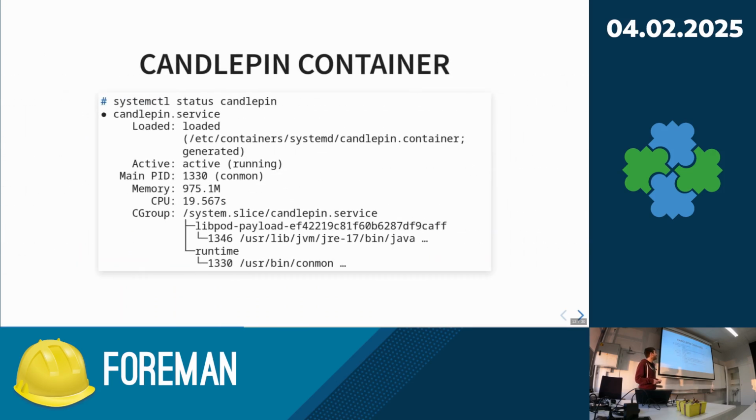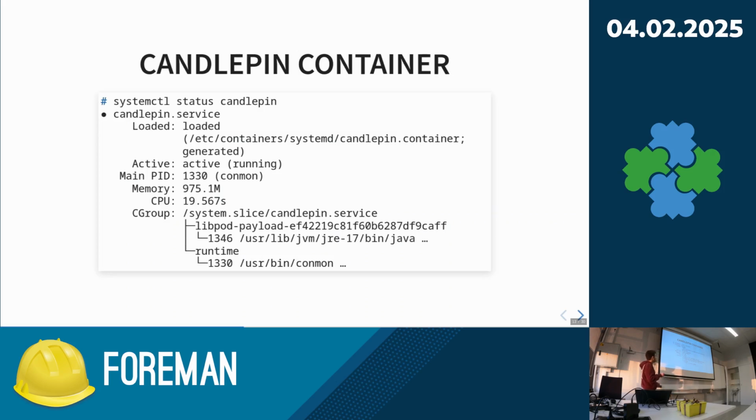You end up having a service running, or a service defined. You still need to start it, but it feels like it's a service that was installed on the system. You don't really know that it's a container. The only hint you get is that it says it's generated from this file, right?